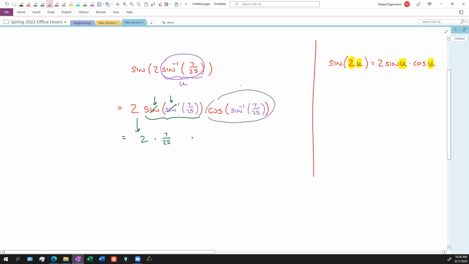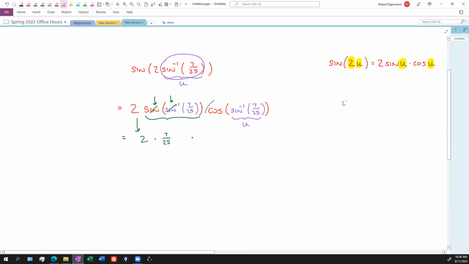Now this is the part that's going to be tricky. So what I'm going to do is have you realize again that we're calling this thing in here u. So we need to use what's called a reference triangle to figure out what that is.